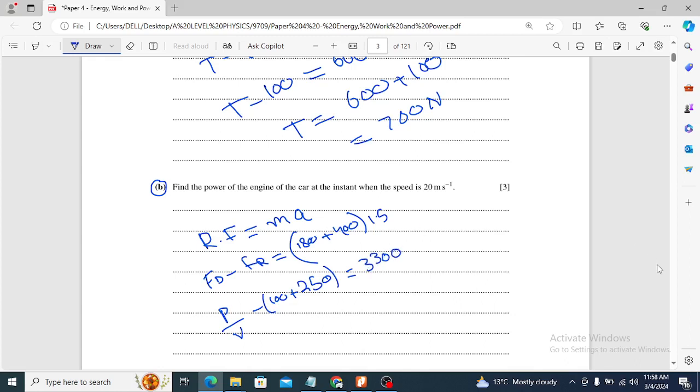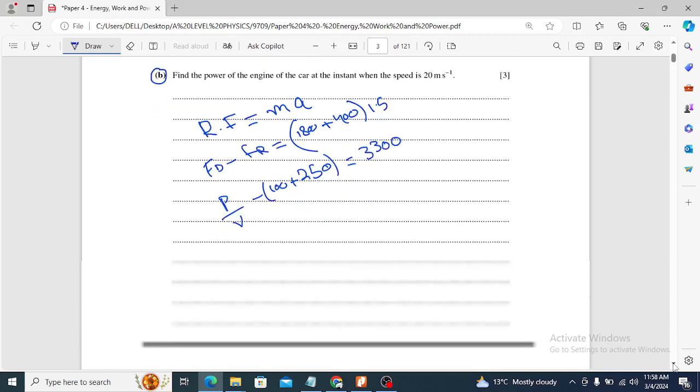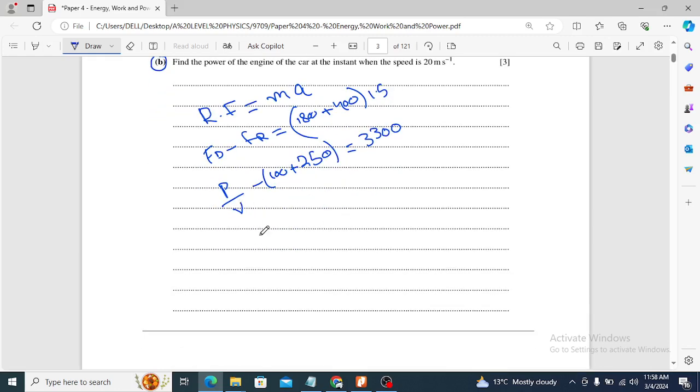Using your calculator, we are supposed to get our power. So this is power over velocity, where velocity is 20, minus 350, that is equal to 3300.